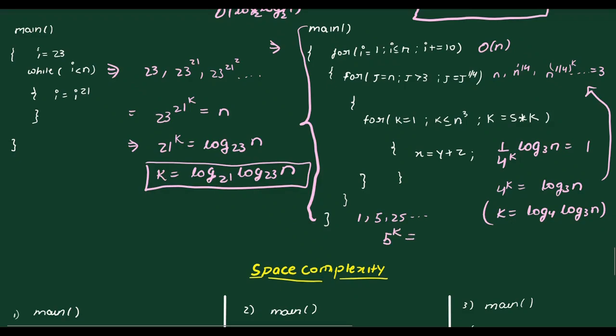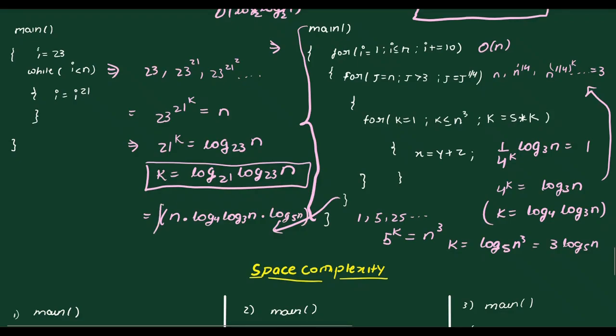This has to be equal to n cube, and you can take log, so you will get log base 5 of n cube, which is equal to 3 log base 5 of n. So the overall complexity becomes n into log base 4 of log base 3 of n into log base 5 of n, right? So this is your answer.